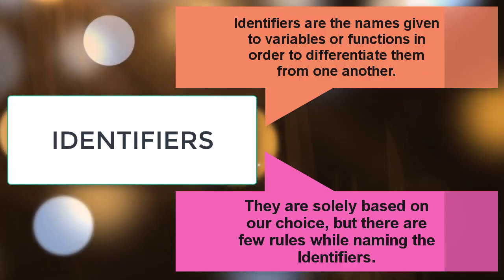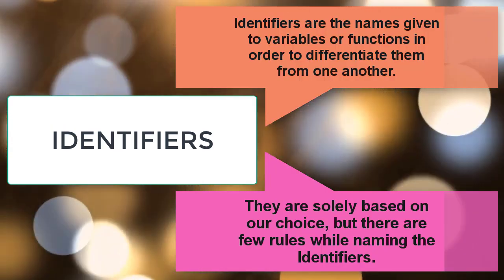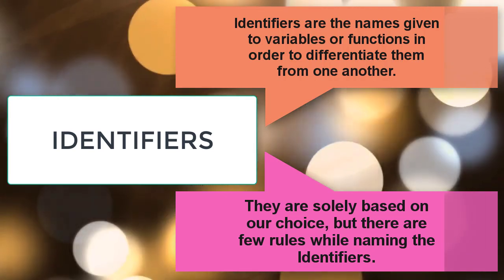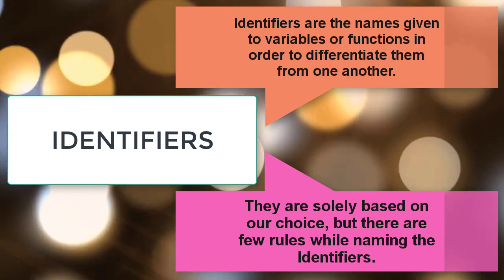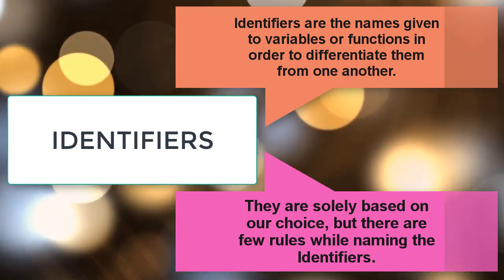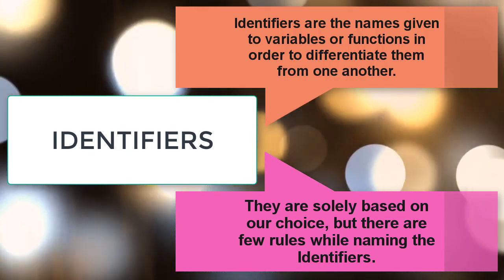Identifiers. Identifiers are the names given to a variable or a function in order to differentiate them from one another. They are solely based on our choice, but there are a few rules for naming identifiers.